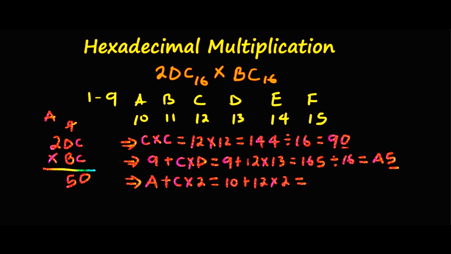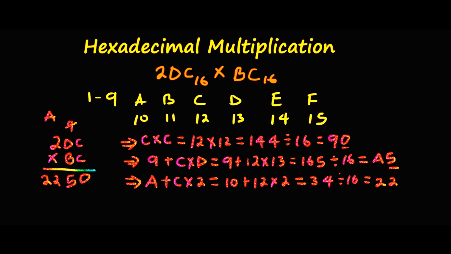So 10 plus 12 times 2 is 34. You convert that to base 16, and you find that 16 goes into 34 2 times, and there's a remainder of 2. You write that down because there is no other number to multiply by C to the left. So just write there 2, 2.